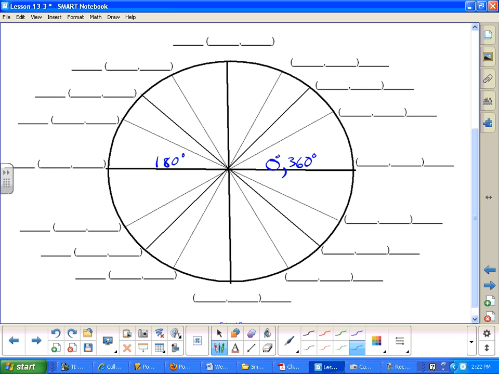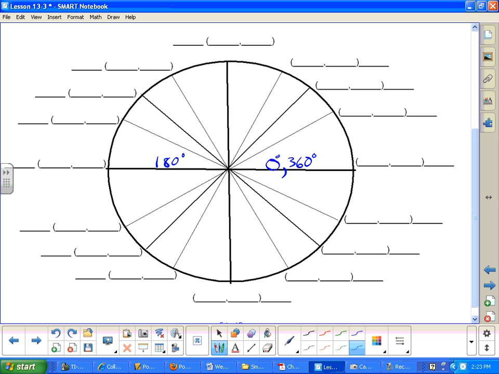And halfway from 0, we're going to be breaking this circle up into pieces, and that's why you'll notice that there are thinner lines in places and thicker lines in places, just to help you to recognize some of the differences. But if I just go halfway on the top, what is it? 90 degrees.